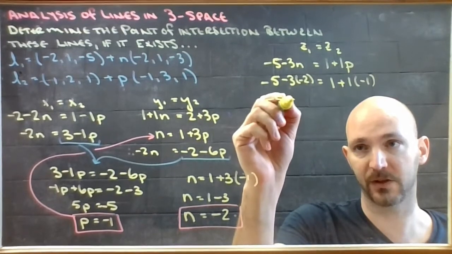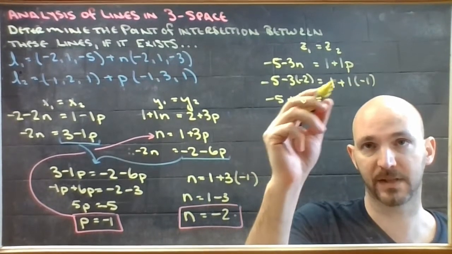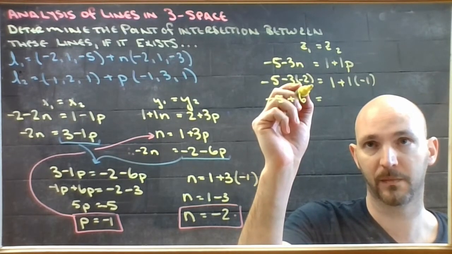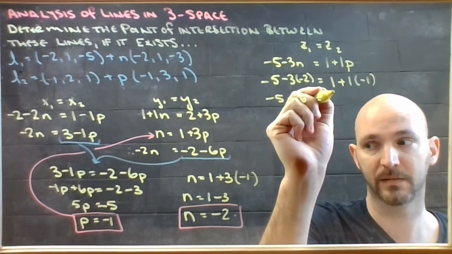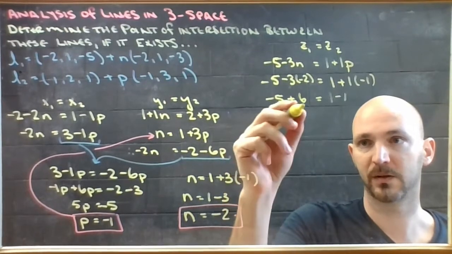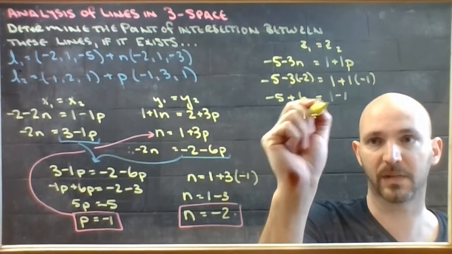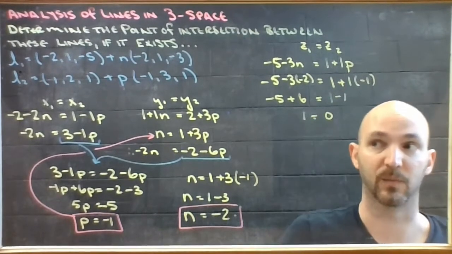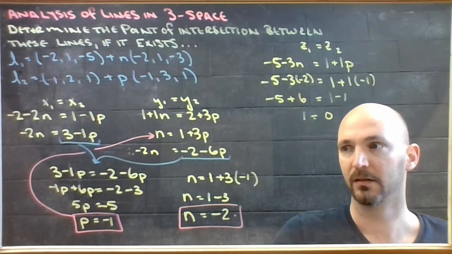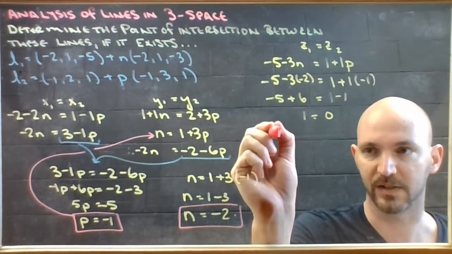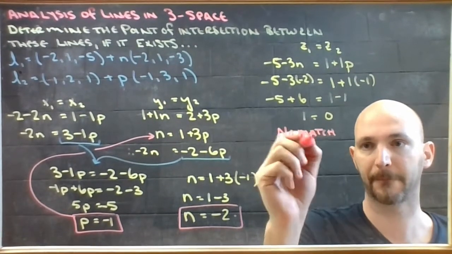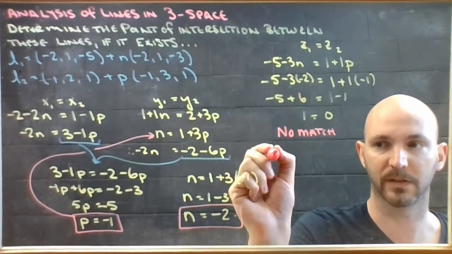Negative 3 times negative 2 is plus 6. 1 times negative 1 is minus 1. So 6 minus 5 would be 1. 1 minus 1 would be 0. And these don't match. So what I've shown there is that there's no match, therefore these are skew lines.